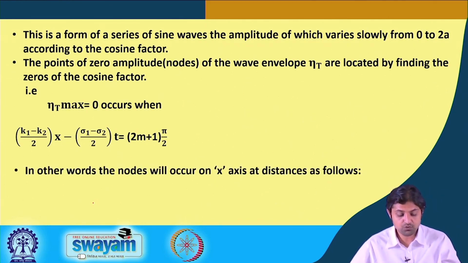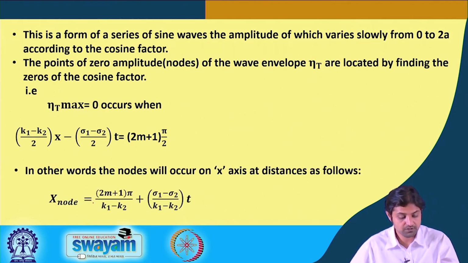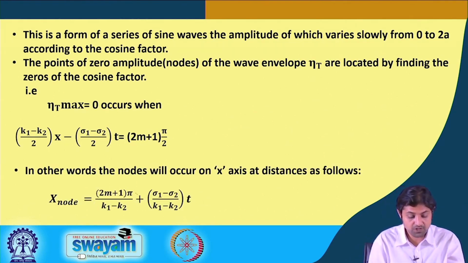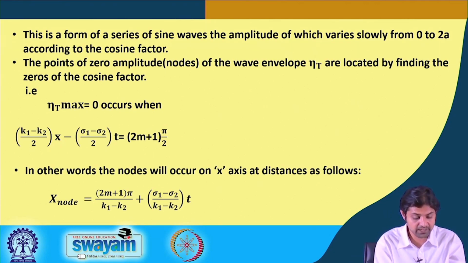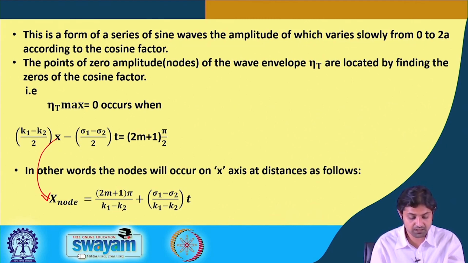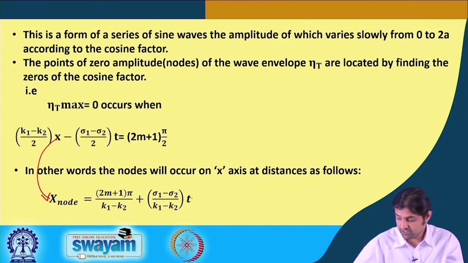In other words, the nodes will occur on the x axis at a distance as follows. If you rearrange, x node is equal to, the 2 will get cancelled from each side, (2m plus 1) pi by (k1 minus k2), plus (sigma 1 minus sigma 2) by (k1 minus k2) into t.